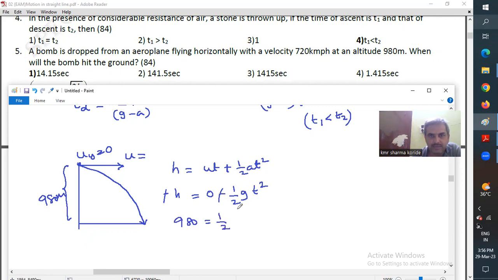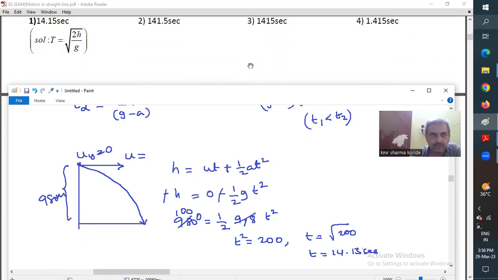To get a cancellation easily, you make this g as 9.8. Then if you cancel this, there will be one more 0, 98 into 1, but this is going to be 100. So t square is equal to 200. So t is equal to root 200, which is roughly more than 14, 14.157. So the first option is correct.